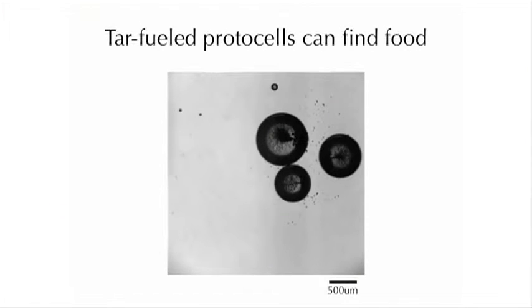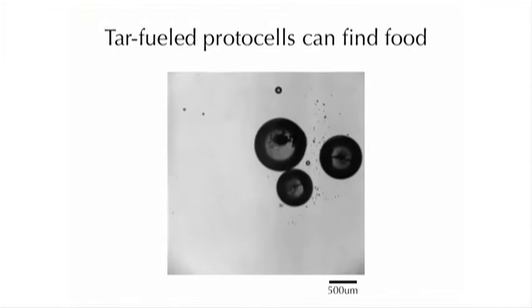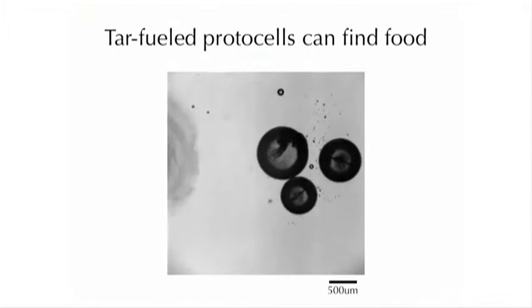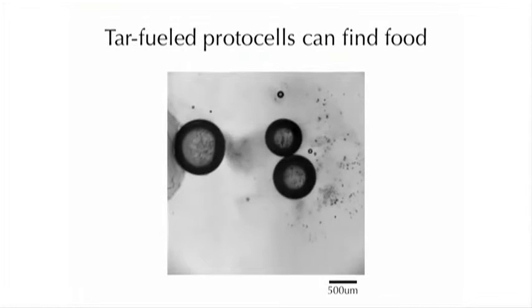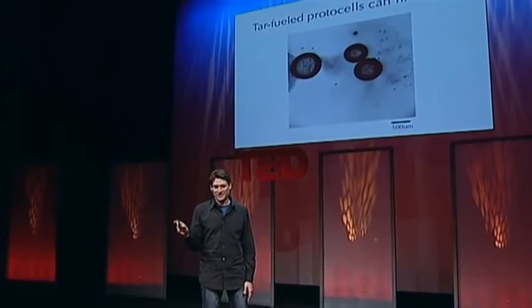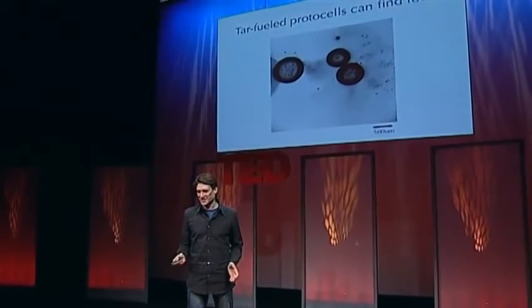These tar-fueled protocells are also able to locate resources in their environment. I'm going to add some resource from the left here that diffuses into the system, and you can see they really like that. They become very energetic and able to find the resource in the environment, similar to what we saw before. But these are done in primordial conditions, really messy conditions, not sterile laboratory conditions. These are very dirty little protocells, as a matter of fact.